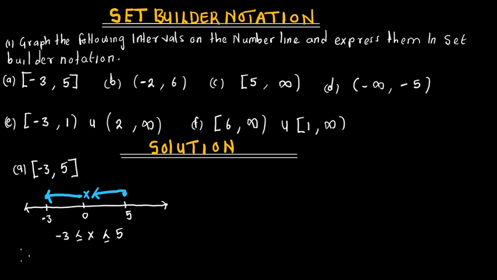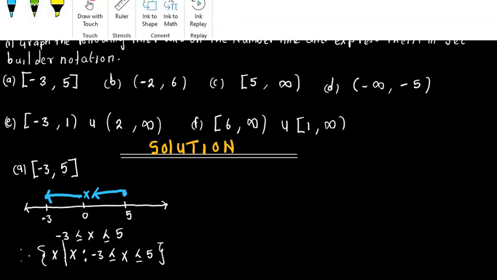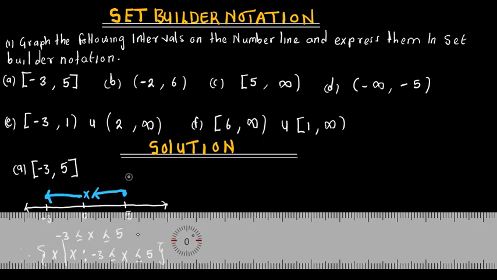Therefore, under set builder notation, this is the same as {x such that -3 ≤ x ≤ 5}. This is how you write this under set builder notation.